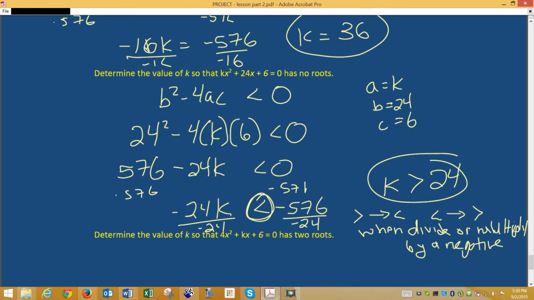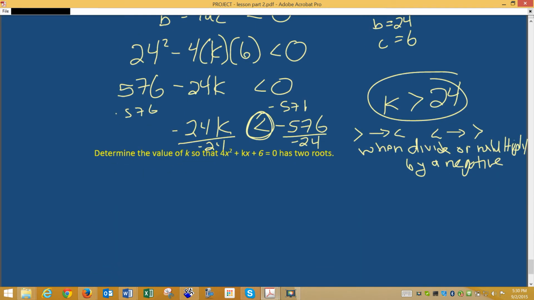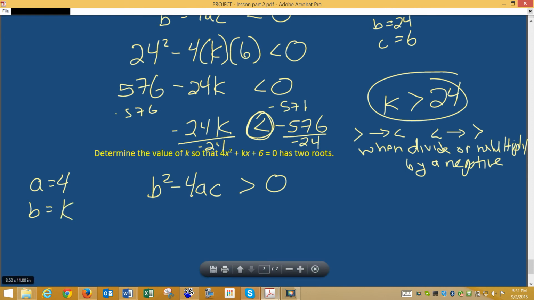Okay, and last example. 2 roots. So that means that the discriminant has to be greater than 0, because it has to be positive. In this case, we have a equaling 4, b is k, because that's in front of the x, and c is 6.